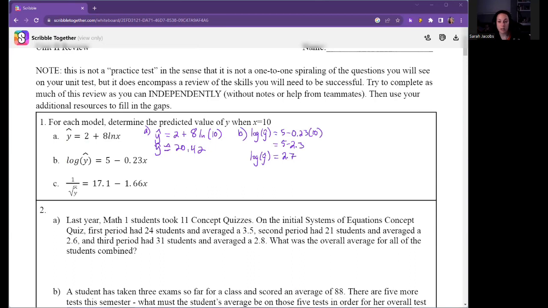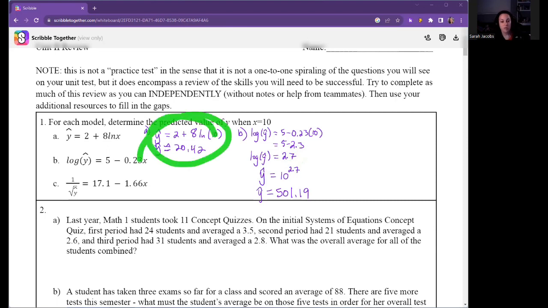So to undo log, we raise both sides, where we raise 10 to the power of our answer here. So y hat is going to be 10 to the 2.7 power, which is about 500. Yeah. So y hat for B is equal to 501.19.